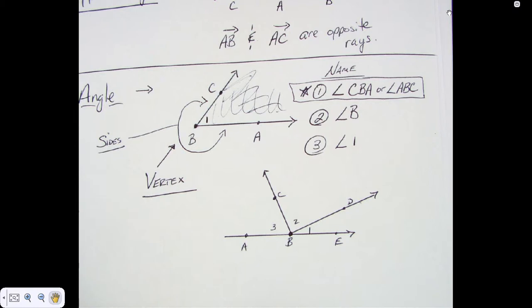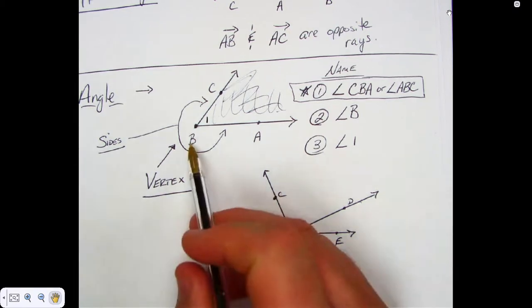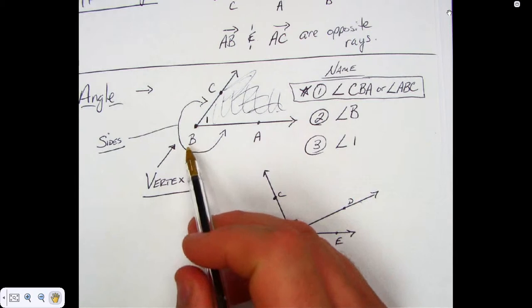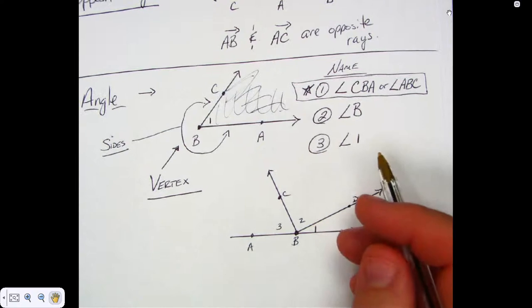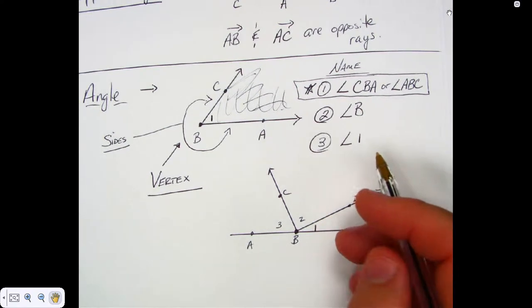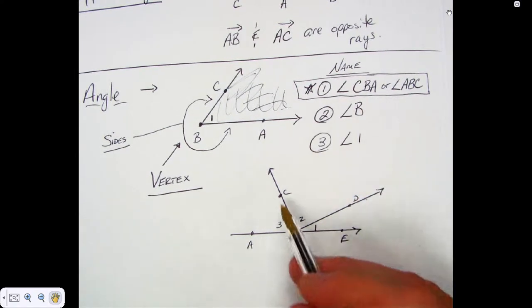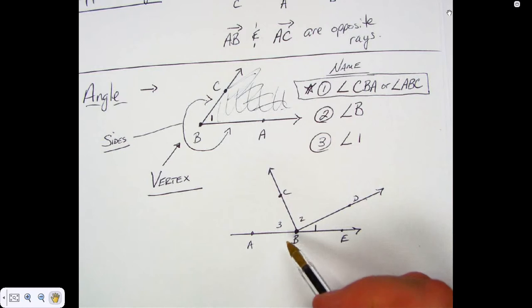I don't want a 20% chance of someone knowing what I'm talking about. When there's no doubt which one you'd be talking about, you can say angle B. You cannot say it here. Everyone still tries to. You want to know why? 99% of the time, because everyone is too lazy to go up and go, okay, A, B, C. Is that really that bad? It drives me nuts. It's a pet peeve as a geometry teacher.